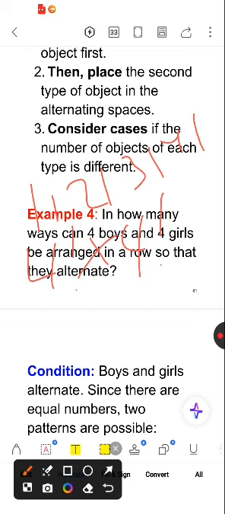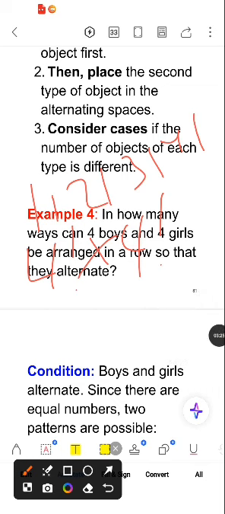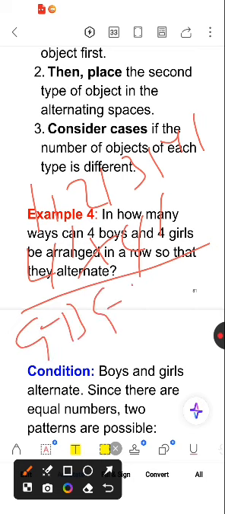And then the next thing is that you also begin with a girl. So when a girl begins, then a boy will come, and a girl will come, and a boy will come, and a girl comes, and then a boy also comes, so that they alternate.